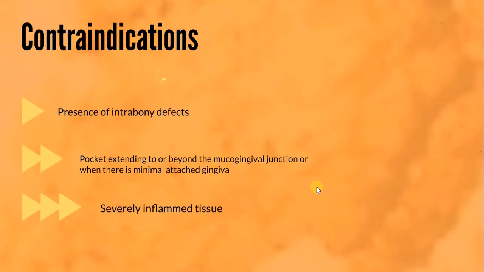The contraindications are the presence of an intra-bony pocket, as we talked about, or when the pocket extends beyond the mucogingival junction, or when we have minimal attached gingiva, or in cases of severely inflamed tissue.